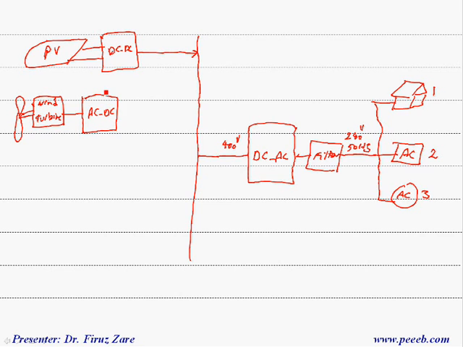AC-DC. If it's active, then we can connect it directly to 400 volts, or otherwise we can use a diode rectifier based AC-DC, and then we can regulate through a DC-DC converter.